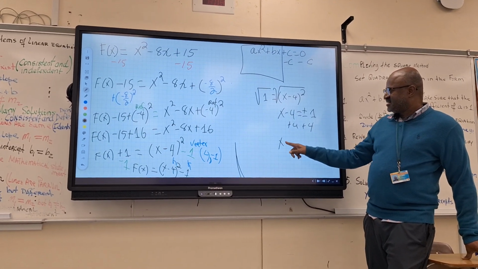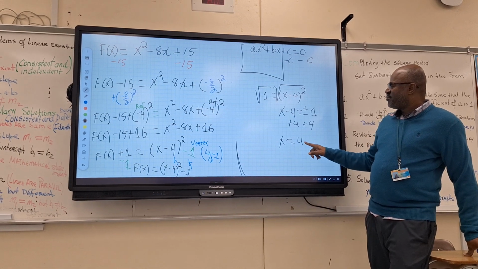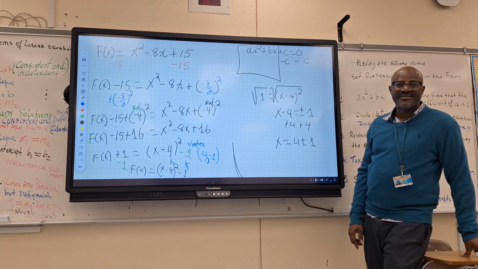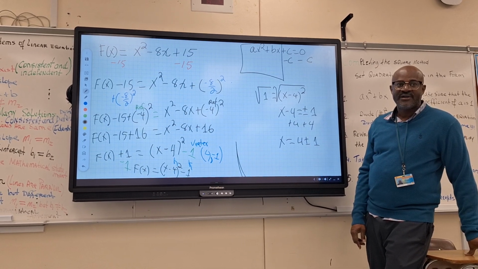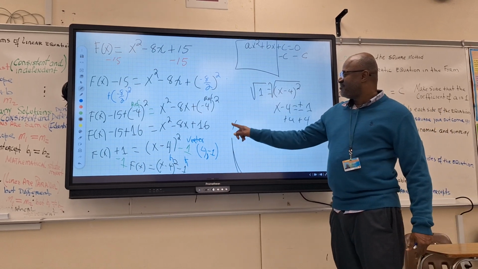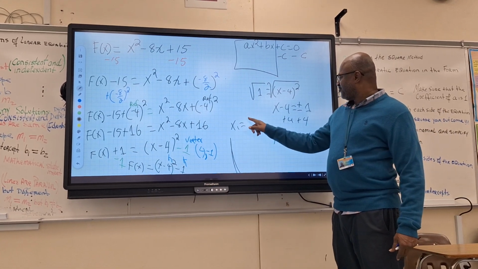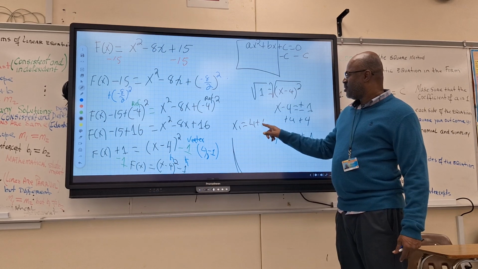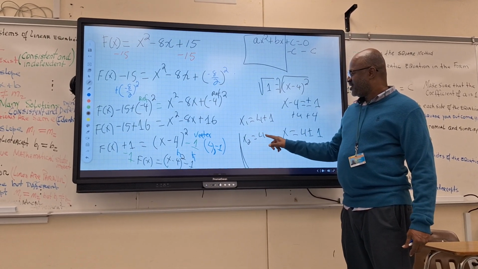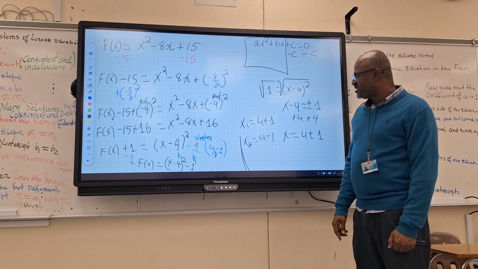Then you will have x equal 4 plus or minus 1. You are supposed to get 2 answers out of that. Right? How will you find those 2 answers? You see there you have 4 plus 1, or you have what? 4 minus 1.